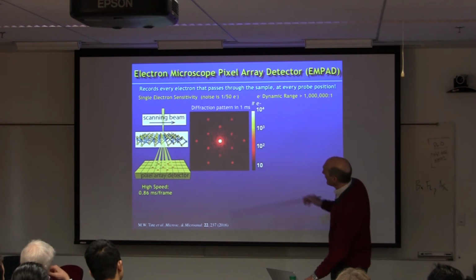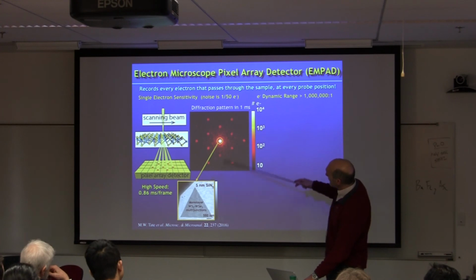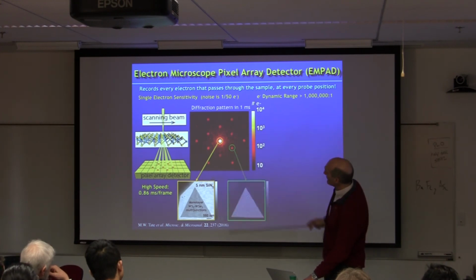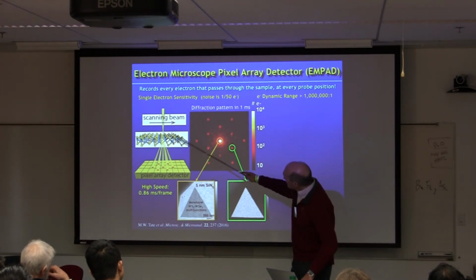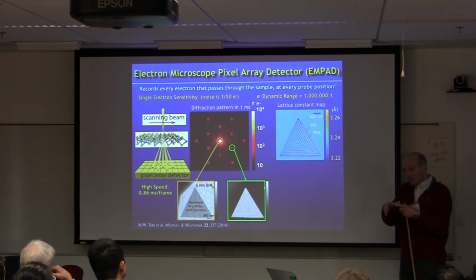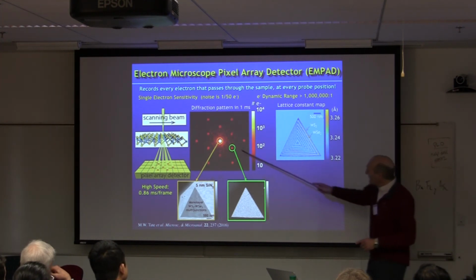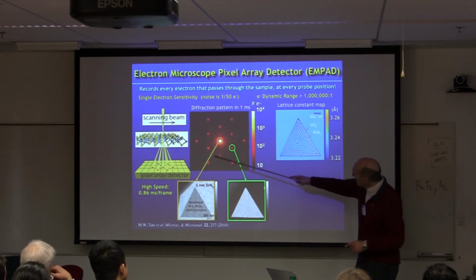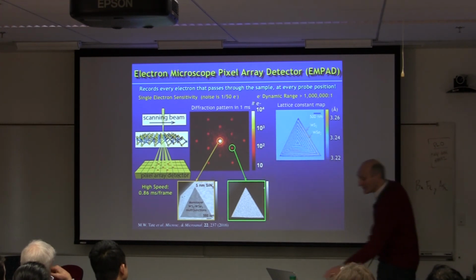And by doing that, as the beam is scanned across the sample, it allows traditional imaging modalities like bright field or dark field, where you reconstruct the image from the diffraction pattern. But if you have some sample that has different lattice constants, like here, this is a two-dimensional material where in the plane of this one monolayer thick sample, the lattice constant's changing, by mapping changes in this diffraction pattern as you move the beam, you can have this lattice constant map of the sample.